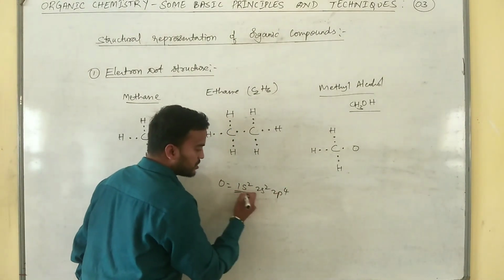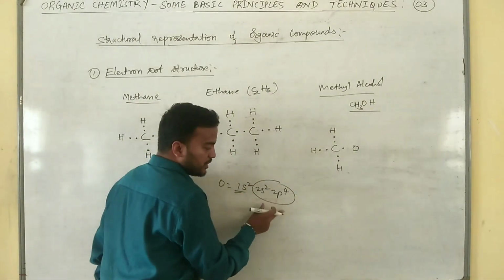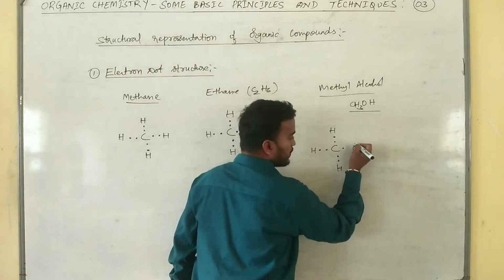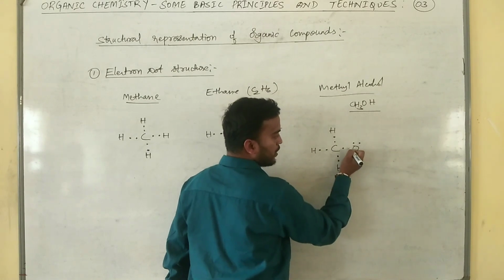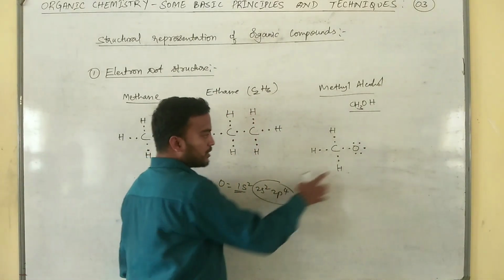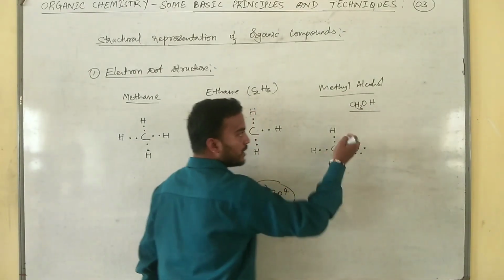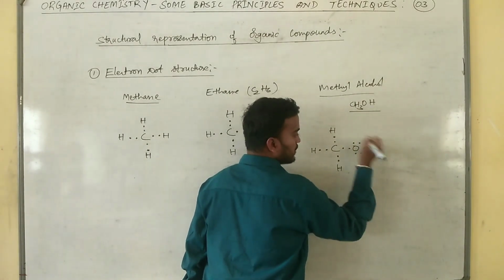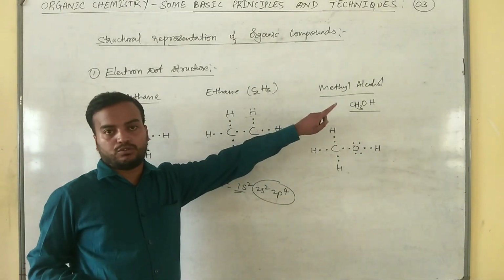This is the first shell and this is the last shell, which is the valence shell. In the valence shell oxygen has 6 electrons: 1, 2, 3, 4, 5, 6. So 6 electrons are represented. And then there is hydrogen, along with 1 electron. So this is the electron dot structure of methyl alcohol.